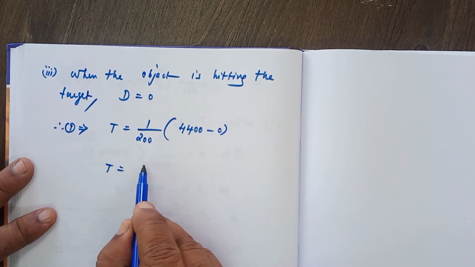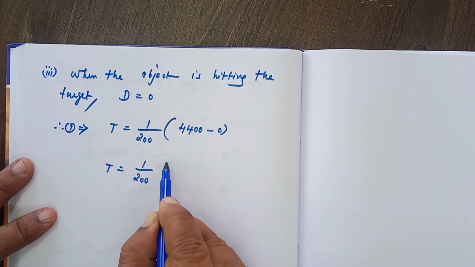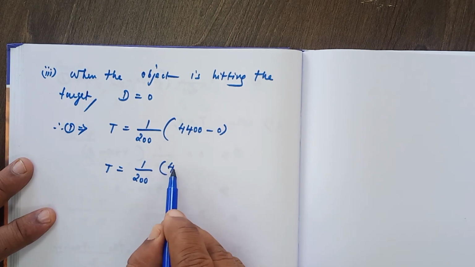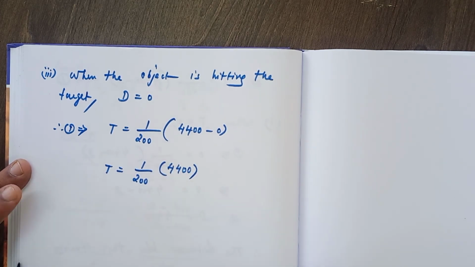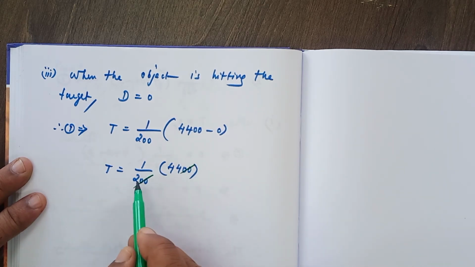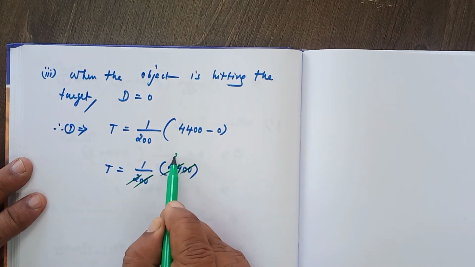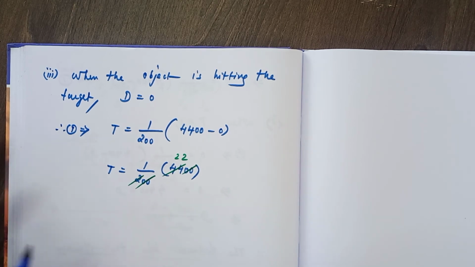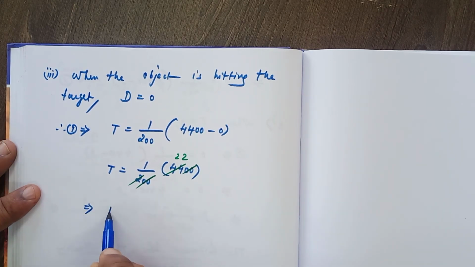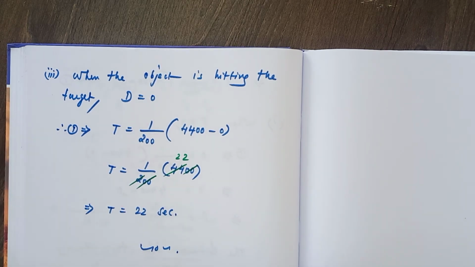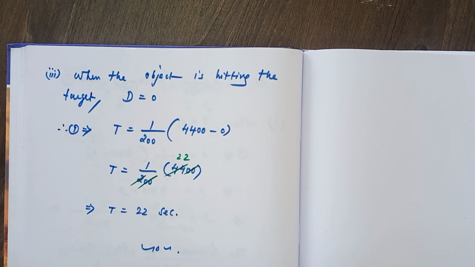Therefore, t equals 1 by 200 into 4400. The 00 cancel, 2 table how many times? 22 times. Therefore, t equals 22 seconds. So, after 22 seconds, the object is hitting the target.